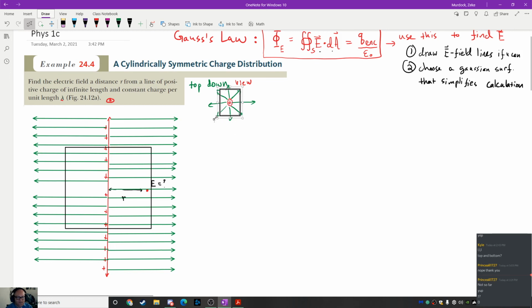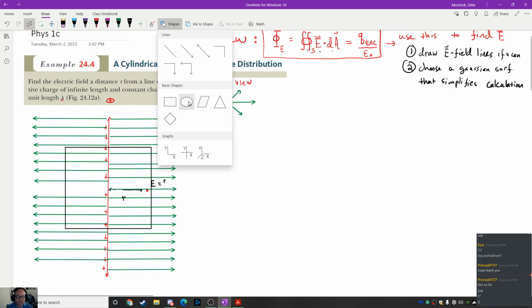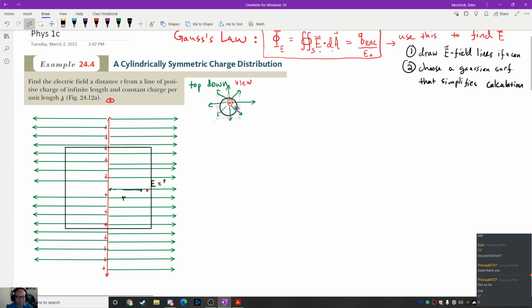Because you're going to have field lines that are at an angle here, field lines at an angle here, etc. So if we just look at the top-down view, the only way to make sure that these field lines are always perpendicular to the surface is if the cross-section looks like a circle, right? The cross-section of our Gaussian surface needs to look something like that. Would everyone agree? Because then that's a right angle, that's a right angle, that's a right angle.